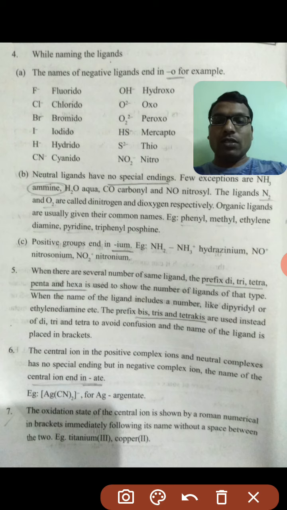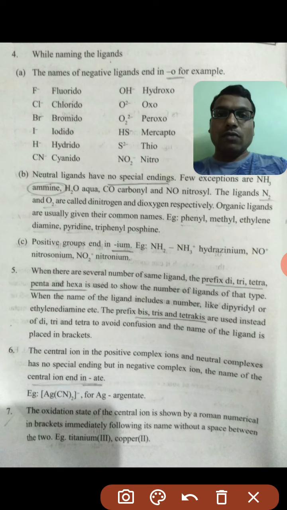Okay, so next we'll go for the other point. Generally the central ion in a positive complex ion or neutral complex ion has no special ending, but in a negative complex ion the name of the central ion ends in ate. We just completed ligands; next we are going for the metal.